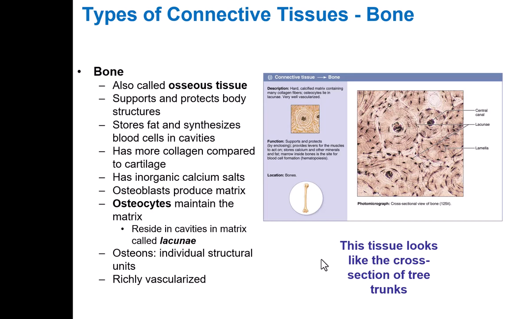When you look at bone tissue, you should know automatically what it is. You don't even have to think about it. And look, it looks like you're looking at the cross-section of tree trunks. Automatically, you know bone tissue. We're going to learn what all these different components are when we get to the bone histology chapter and lab.